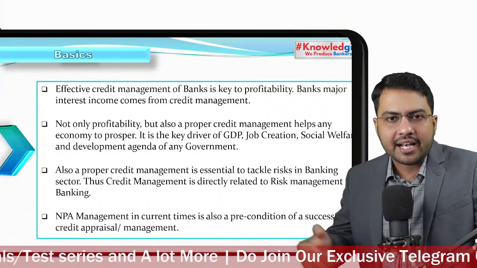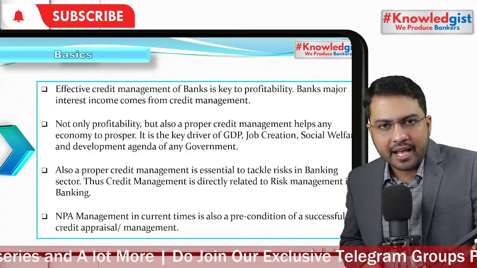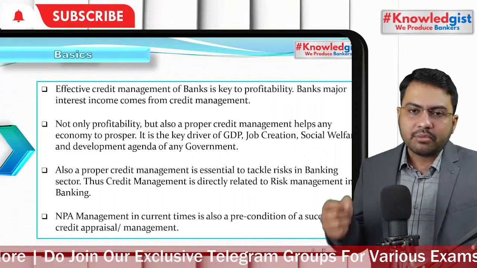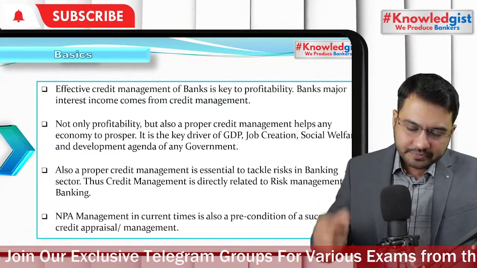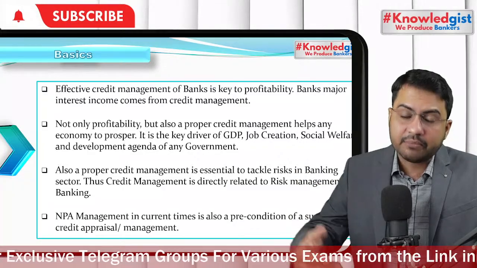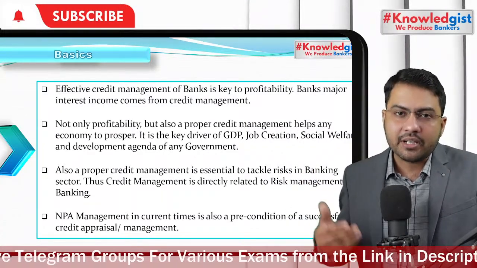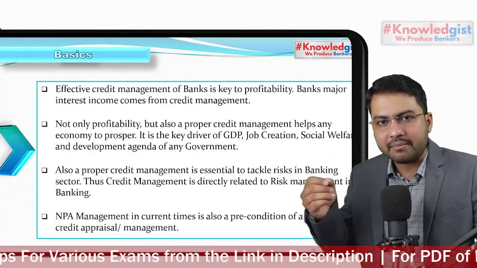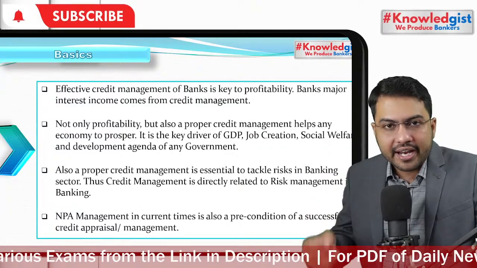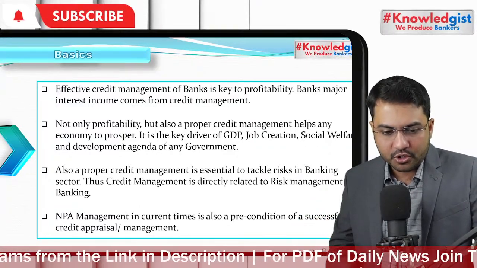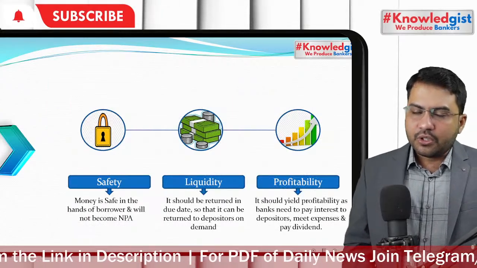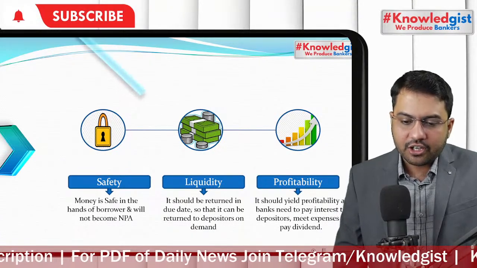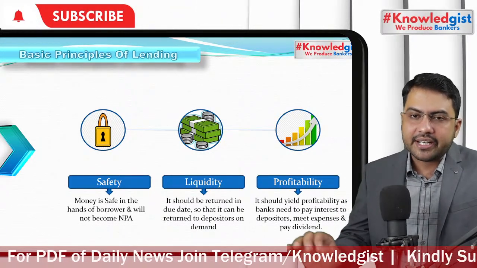You have seen 3 days back, the finance minister calling the heads of RRBs and public sector banks to discuss forcing them to do more and more KCC and animal husbandry business. Why so? Because effective loan disbursement by these banks is going to create jobs and lead the economy to prosper. Clear? But when we discuss effective credit management, three main important points come to our mind, that is safety, liquidity, and profitability.